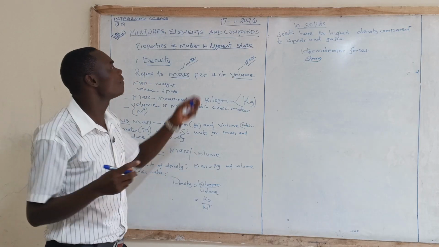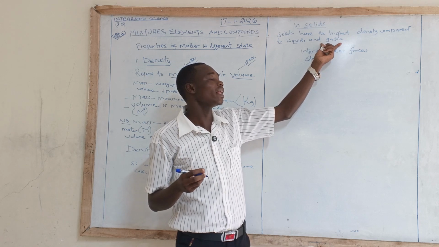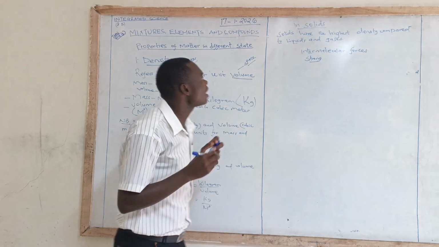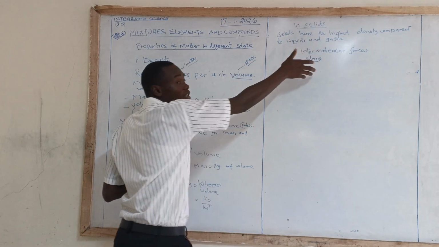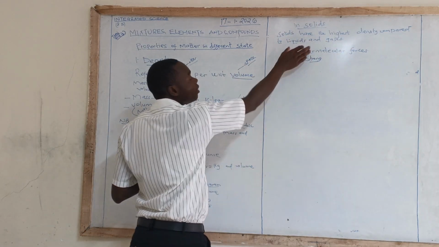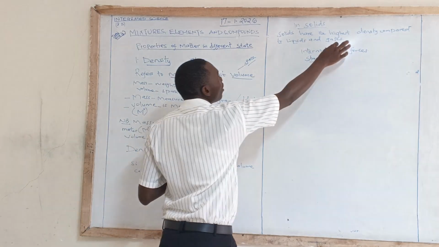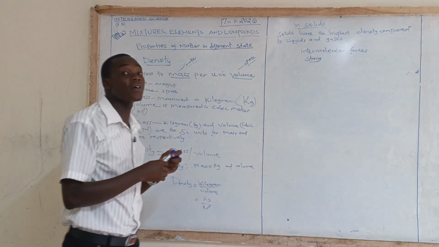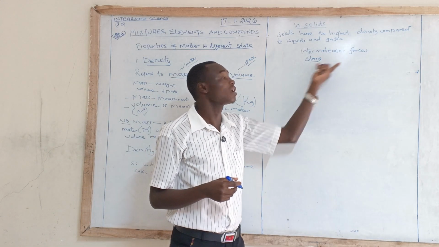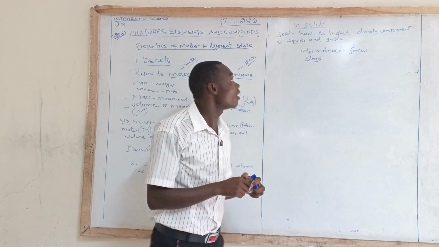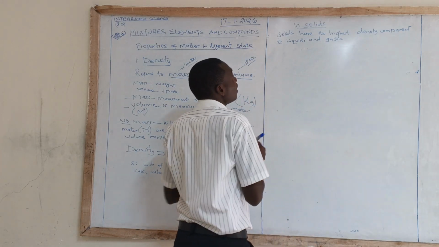The particles of liquid are more strongly held than those of gases. So the density of solids is high compared to liquids, and the density of liquids is also high compared to gases, because of the forces of attraction that hold the particles together. Now you can say solids have the highest density compared to liquids and gases.